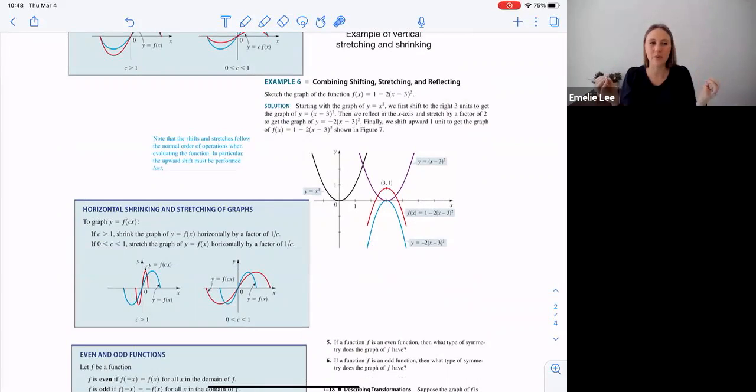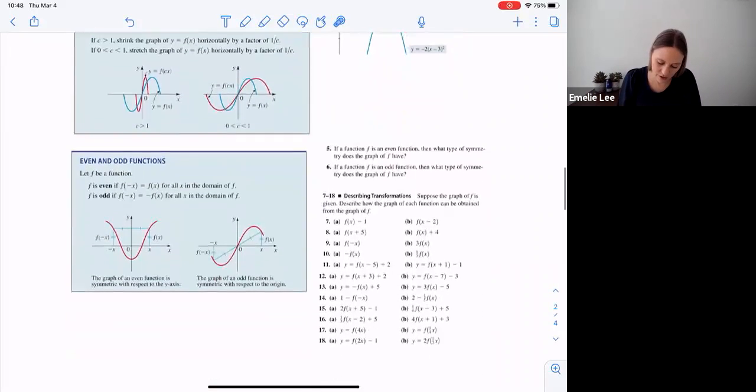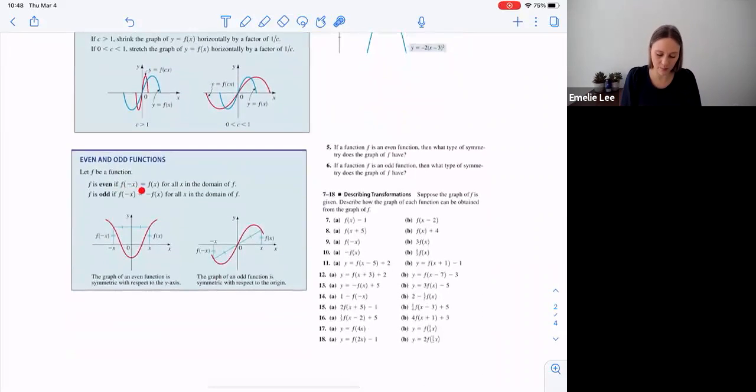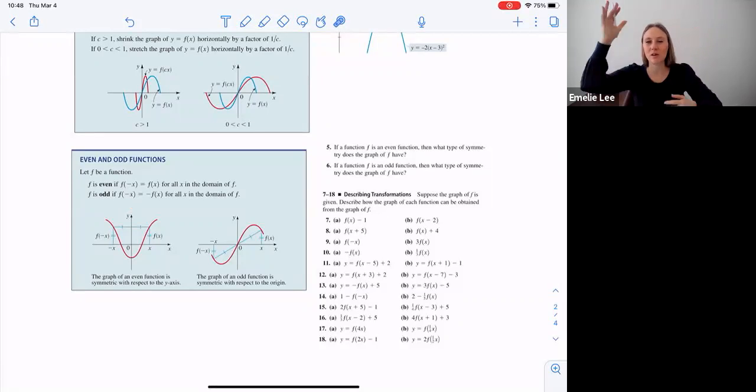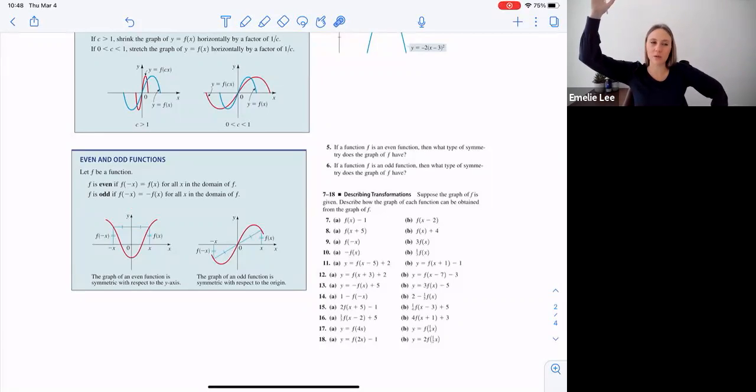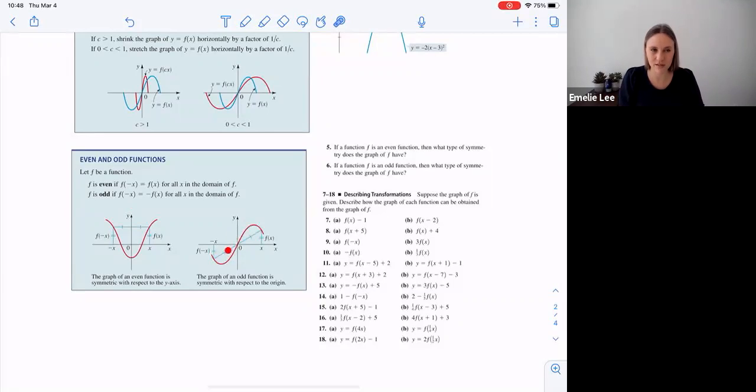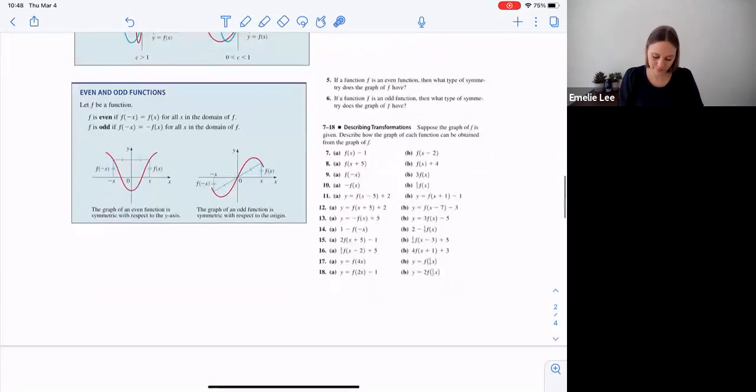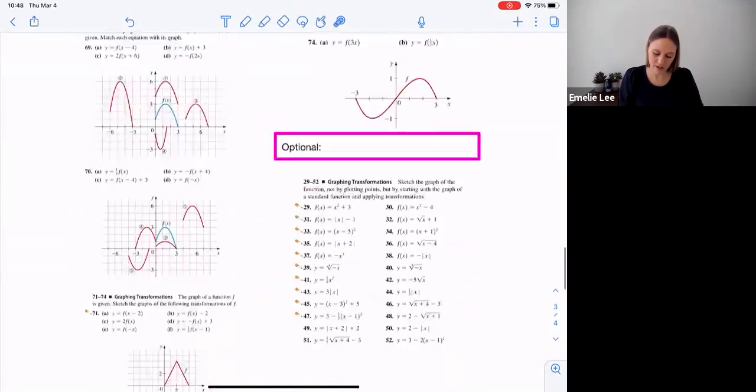How does that happen in terms of our transformations? And then just briefly, I'll talk about even and odd functions. Even functions have that kind of symmetry, whereas odd functions, if you think about x to the power of 3, would be an odd function, with a shape similar to this one here.